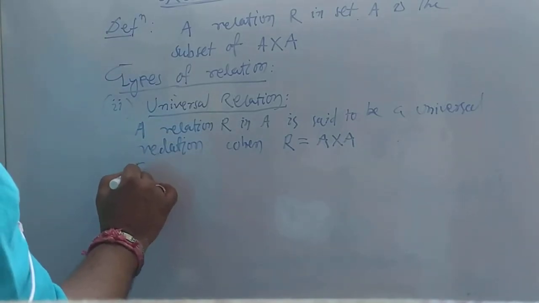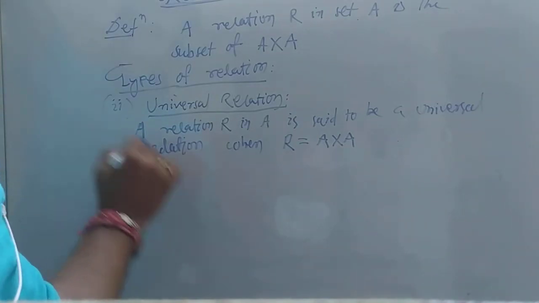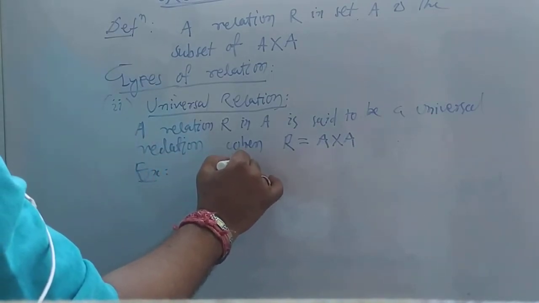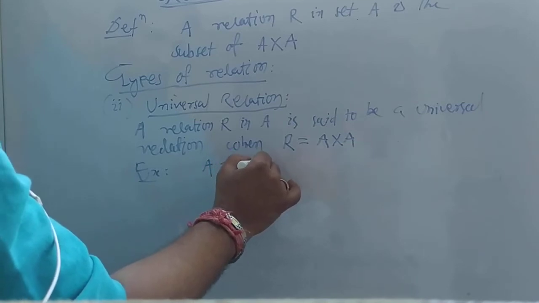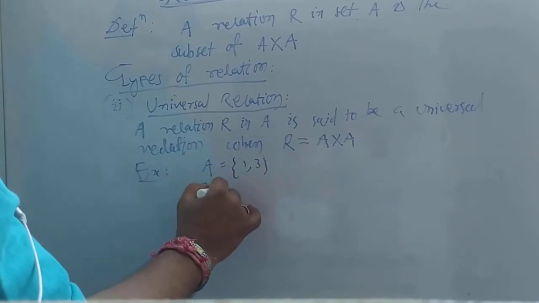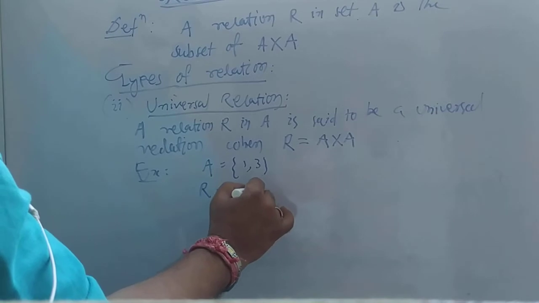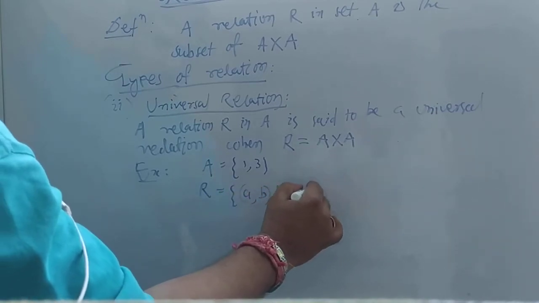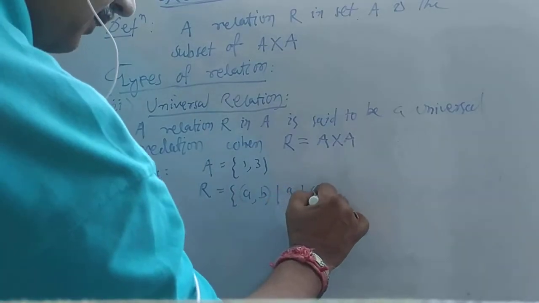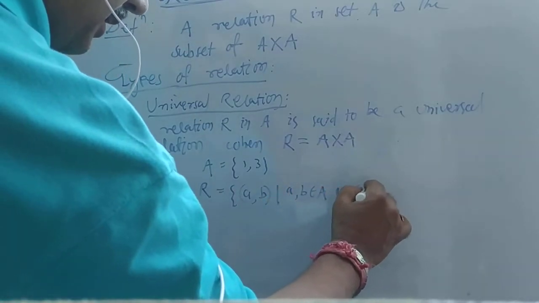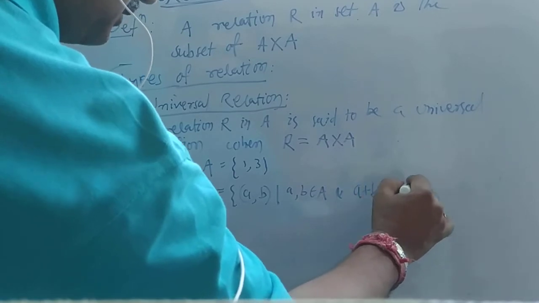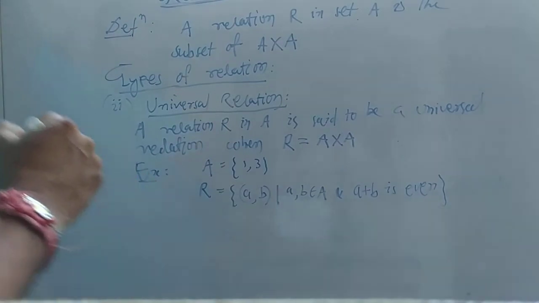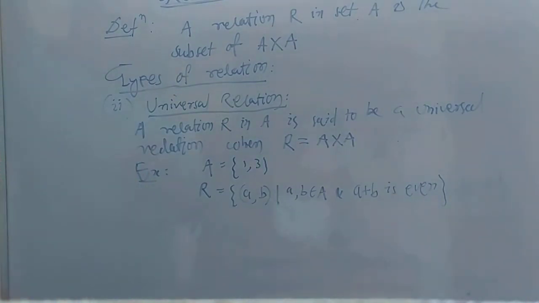If I cite the same example, that A is equal to {1, 3}, and R I will define as (a, b) such that a, b belongs to A and a plus b is even. Okay, in that example I had taken a plus b is odd. Now a plus b is even.